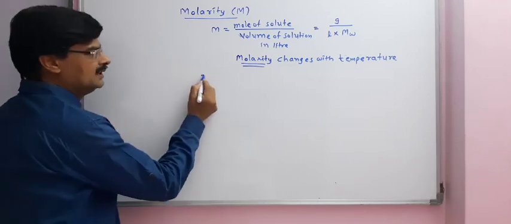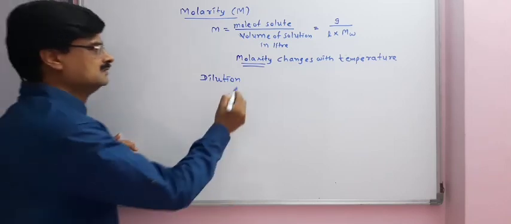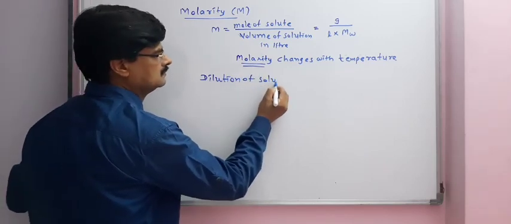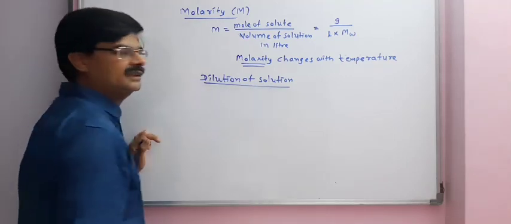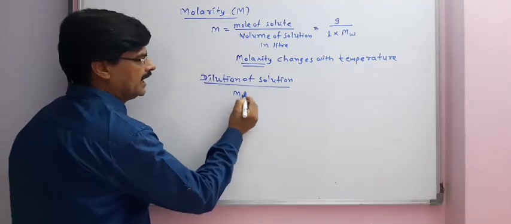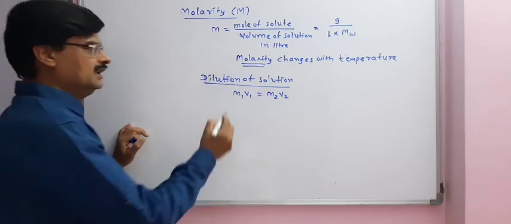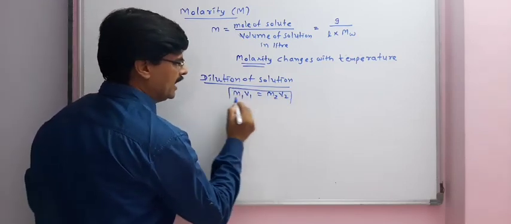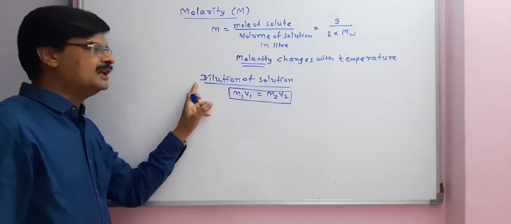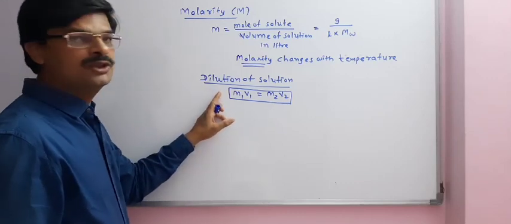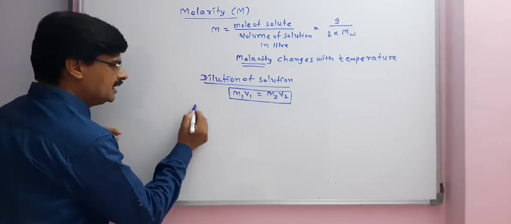Now, if on dilution of the solution, we have to find out the new molarity, then we can utilize M1V1 is equal to M2V2. It is the formula when the solution is diluted, then we can find out the new molarity by utilizing M1V1 is equal to M2V2.